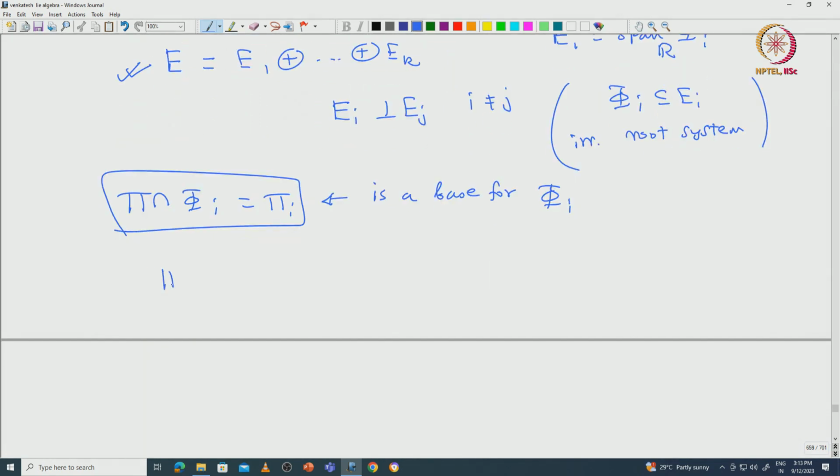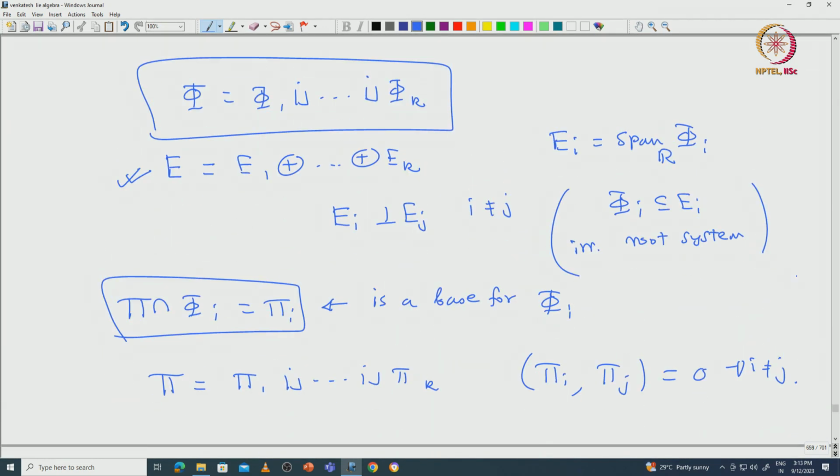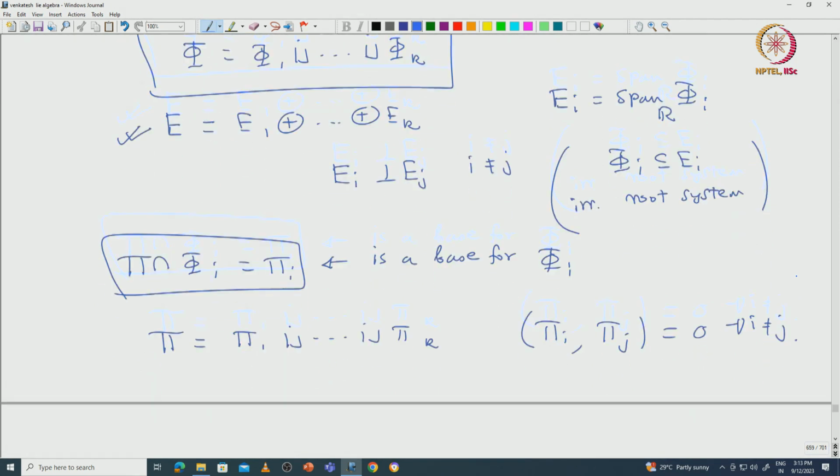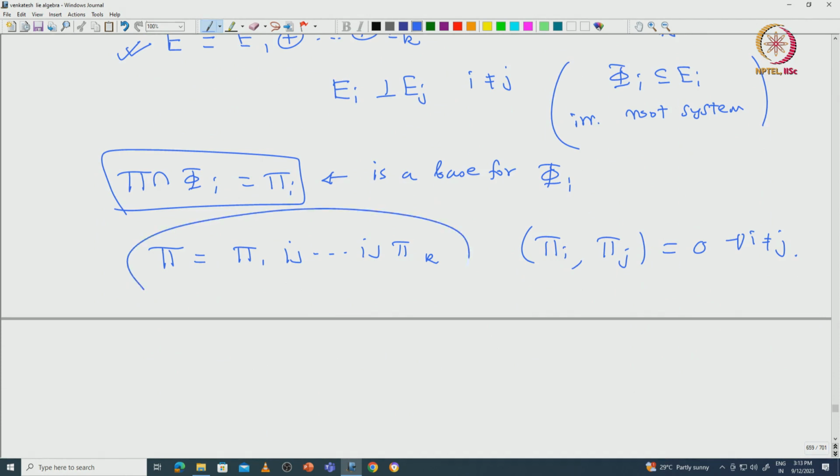Note that pi can be written as pi 1 disjoint union, etcetera, disjoint union pi k, and this pi i also satisfies the orthogonality property. So, the inner product of pi i and pi j will be 0 for all i not equal to j. This is indeed a characterization for writing phi as a direct sum of phi i's. In case you can write capital pi as a disjoint union of pi i's such that the pi i's are orthogonal to each other, then you can also write phi as a direct sum of phi i's. That is something easy to verify, and I will leave it to you to check.